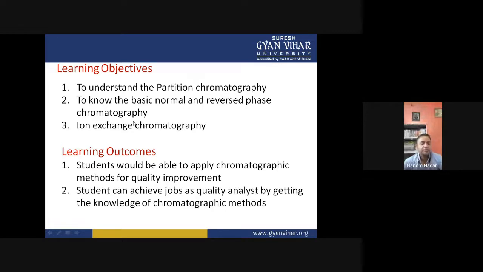We will discuss. Now the learning outcomes of this lecture: the student would be able to apply chromatographic methods for quality improvement of drugs, compounds, foods, etc. We can eliminate the unnecessary or undesired compounds from the mixture or the composition which is used for a specific purpose.